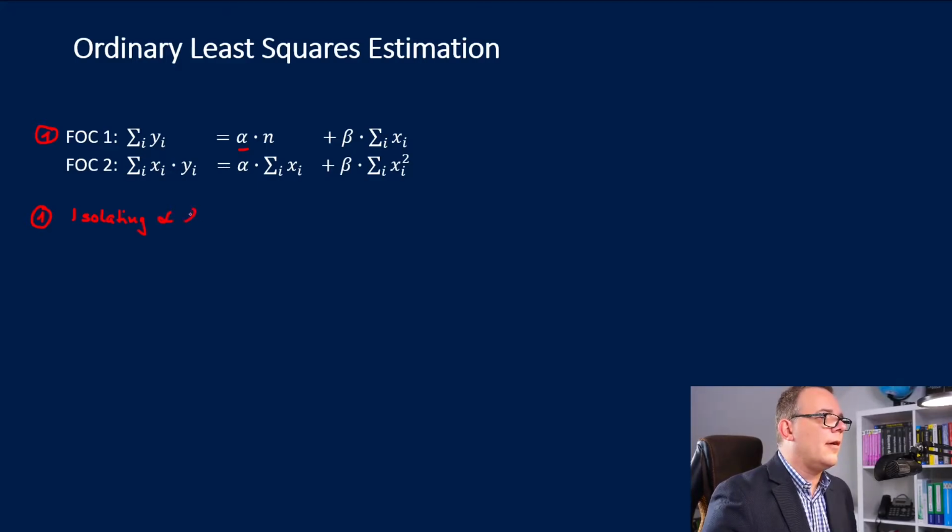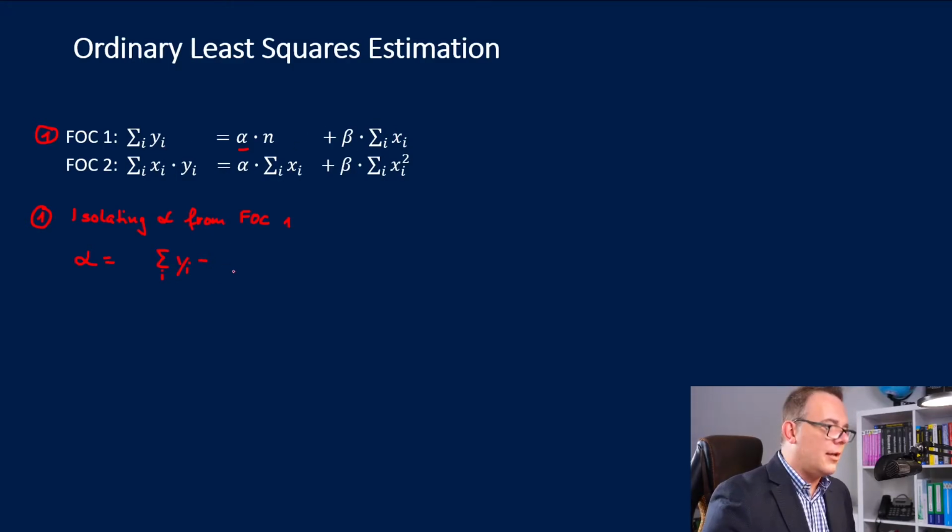Isolating alpha from the first order condition number 1. That's quite easy, because I can just write alpha is, now of course I have the sum, I make my life easy, across all i's, epsilon i, and of course I have to bring this to the other side.